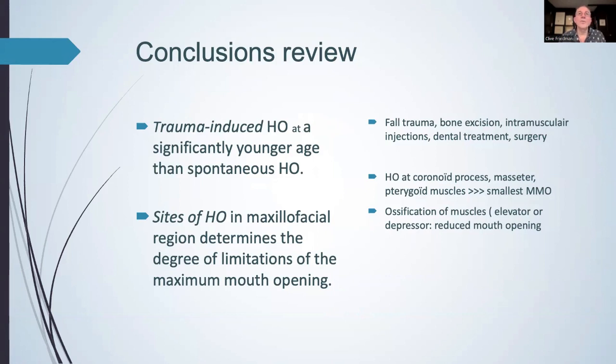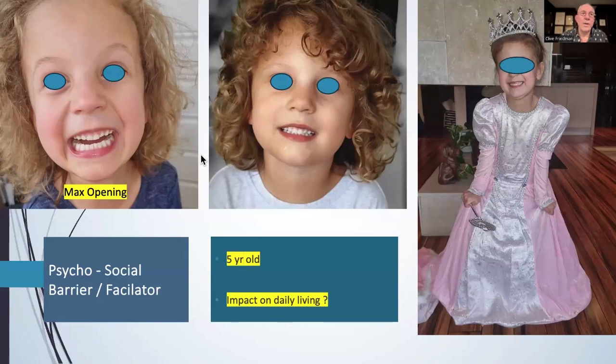So trauma-induced HO is significant with respect to closure, and spontaneous is older, and most individuals only start getting closure of their jaws in their 20s, which is really quite fortunate. However, there are cases where I have this young lady who has not even got all of her permanent teeth in yet.